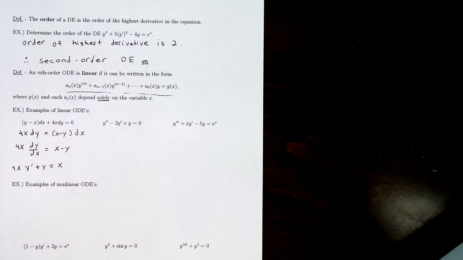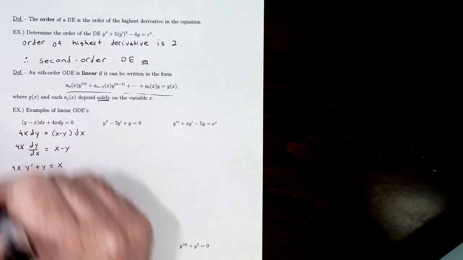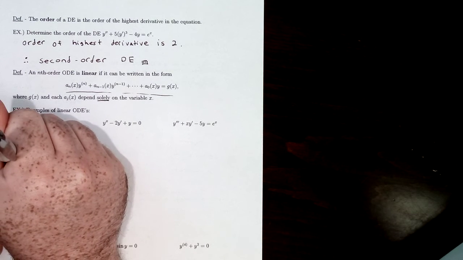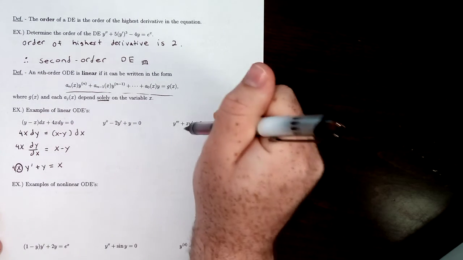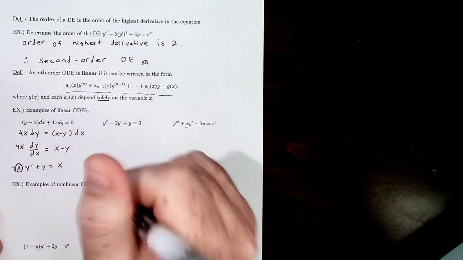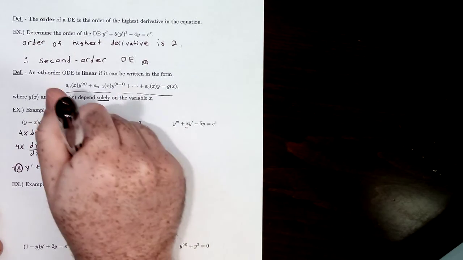does satisfy our definition. I want to make this crystal clear because this does mess students up on an exam if I ask them if a differential equation is linear or not. Independent variable dependence is okay for linearity. So since this is a function of x, as well as this, we are all good. It is okay for linearity.